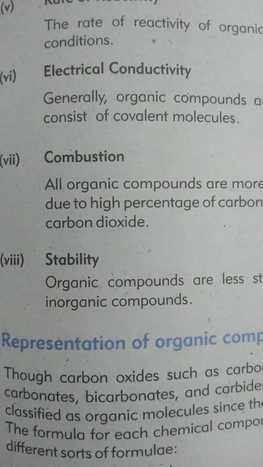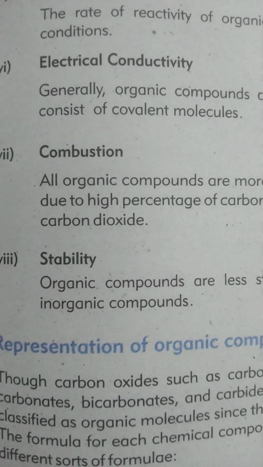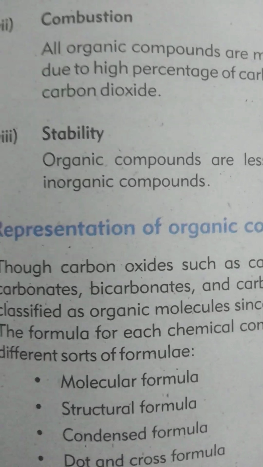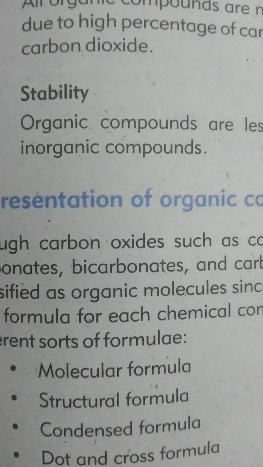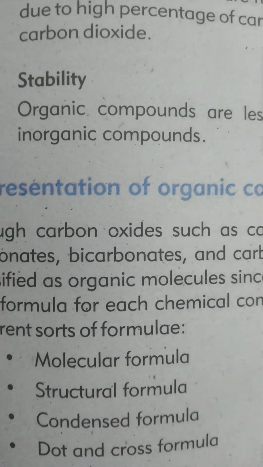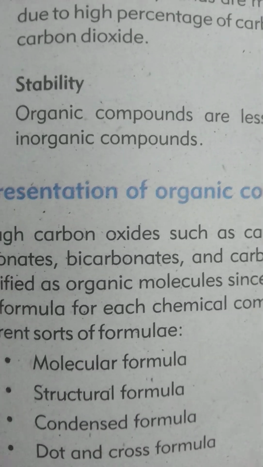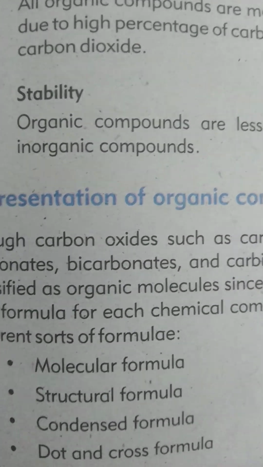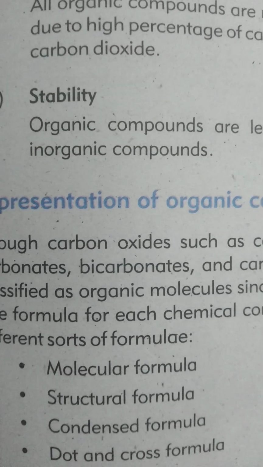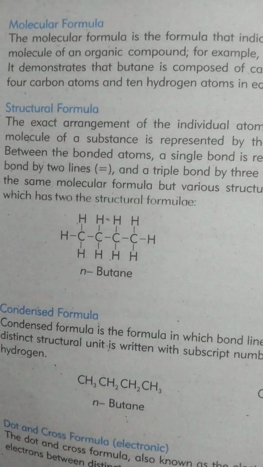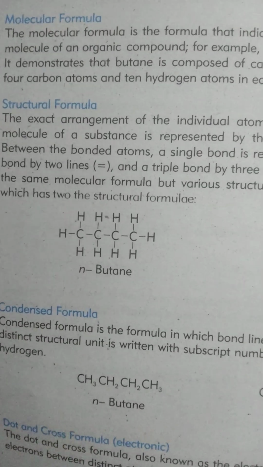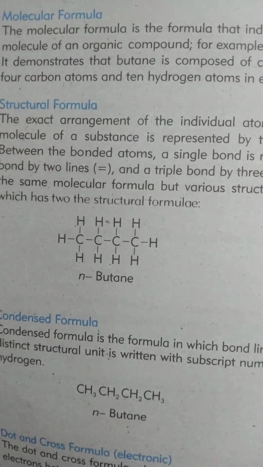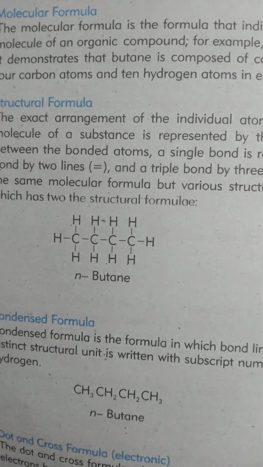Representation of organic compounds: how can they be represented? Organic compounds are represented in four ways. First is the molecular formula, second is the structural formula, third is the condensed form, and the fourth is the dot and cross formula. The molecular formula indicates the exact number of atoms in a molecule of an organic compound.